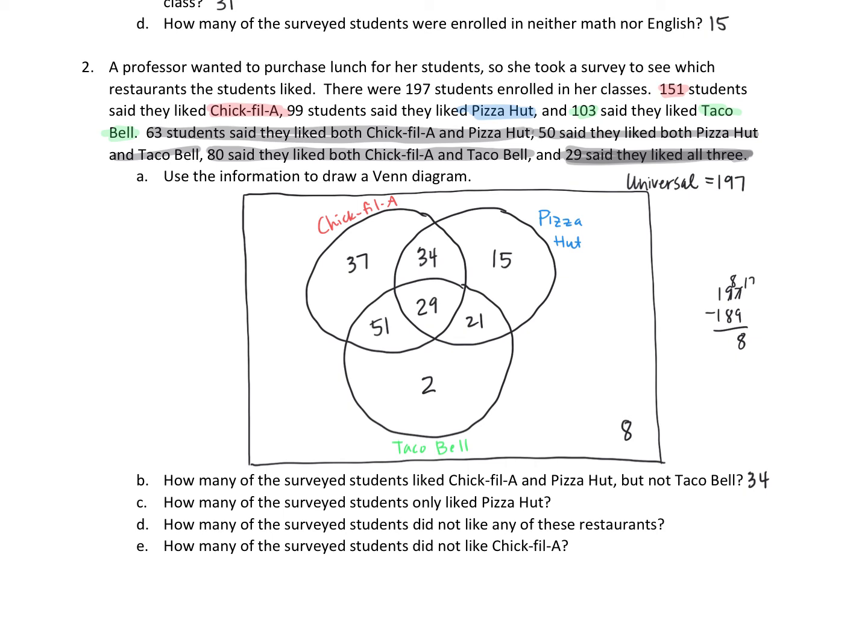So they only like Pizza Hut. So right here, that's 15, right? All of the other sections within that Pizza Hut circle are in common with one or both Chick-fil-A and or Taco Bell. So only 15 people like Pizza Hut and not the other options.